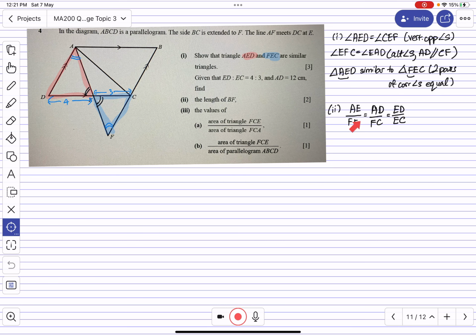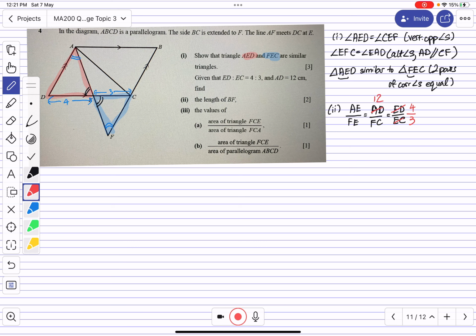These are corresponding sides of similar triangles, which have the same ratio, and after which you can fill in the blanks. Now ED over EC is 4:3. It will tell you that ED over EC in the form of a fraction is 4/3. Now you know that AD is 12.